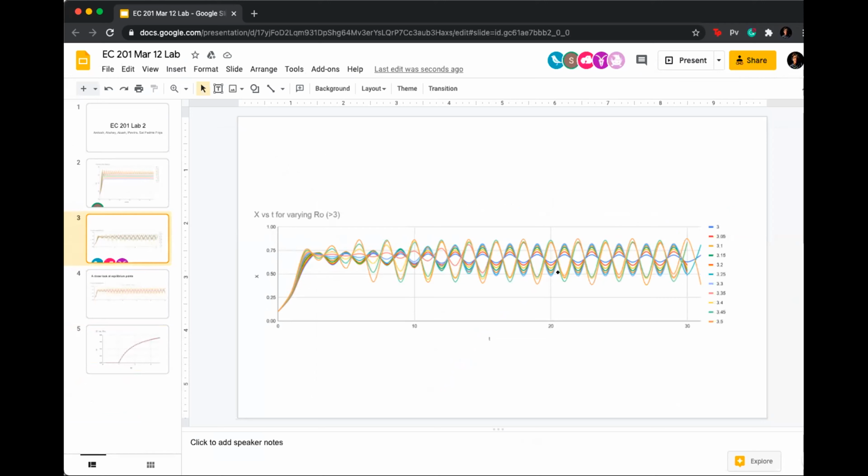What are the multiple curves representing? Each of these colors is a different value of R0. Okay. Second question: why are they all continuous curves?